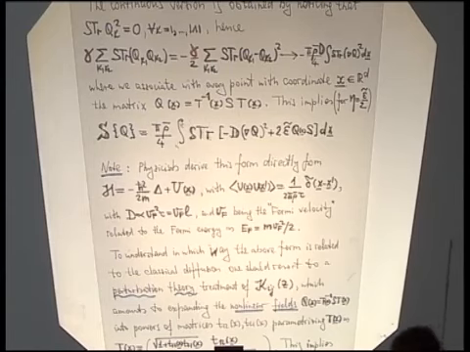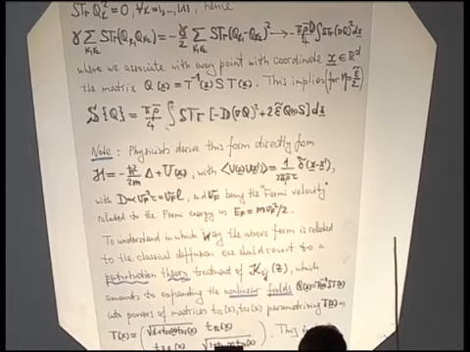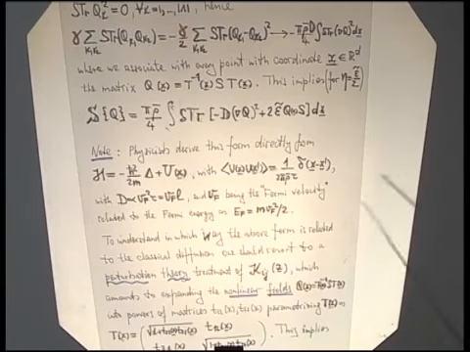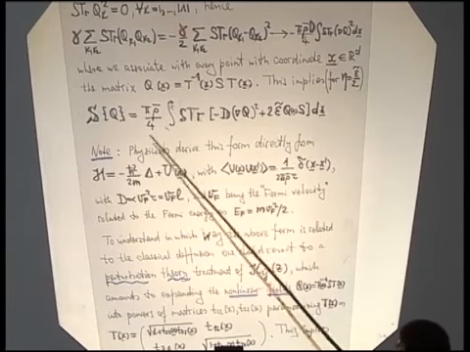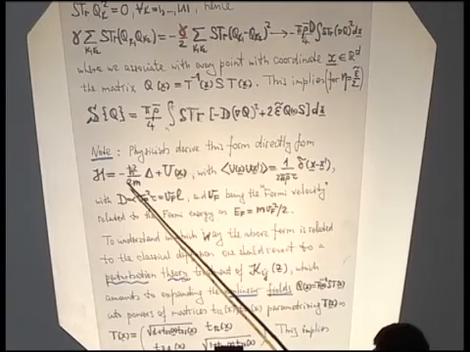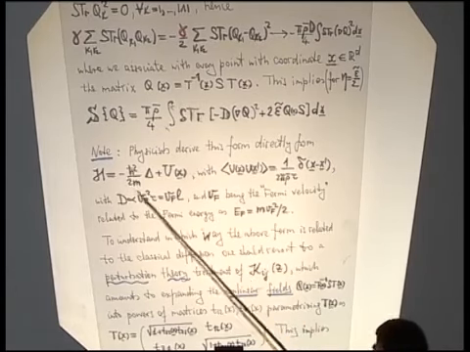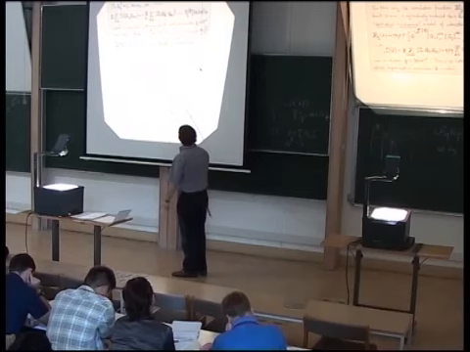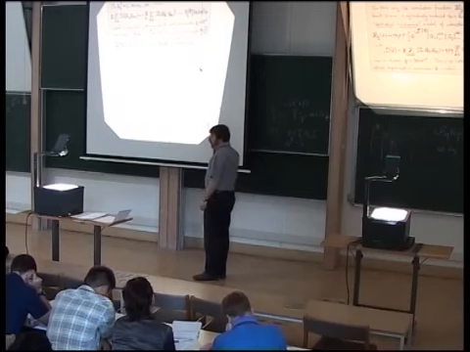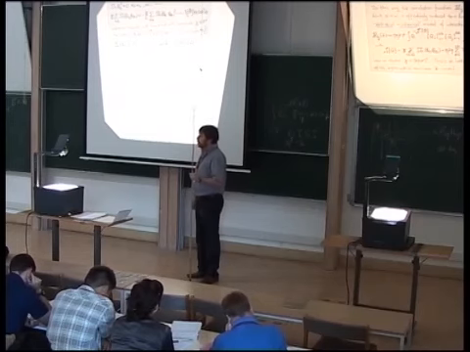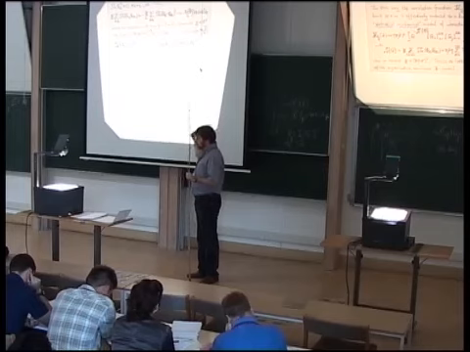Now the note is that physicists believe that they can arrive at this directly from the true one-particle Hamiltonian, Laplacian plus random potential with potential delta correlated in space. This derivation is not as controllable as the one that I showed to you before.